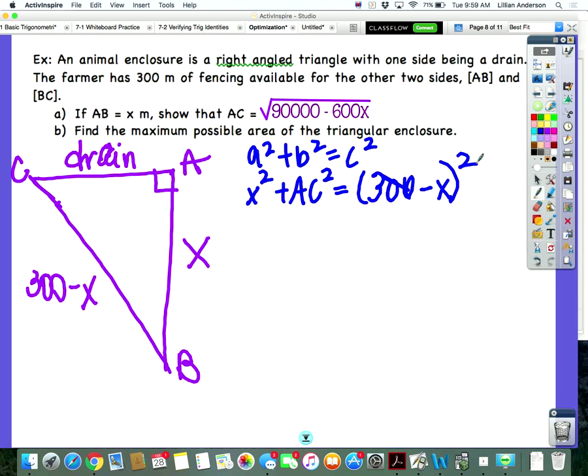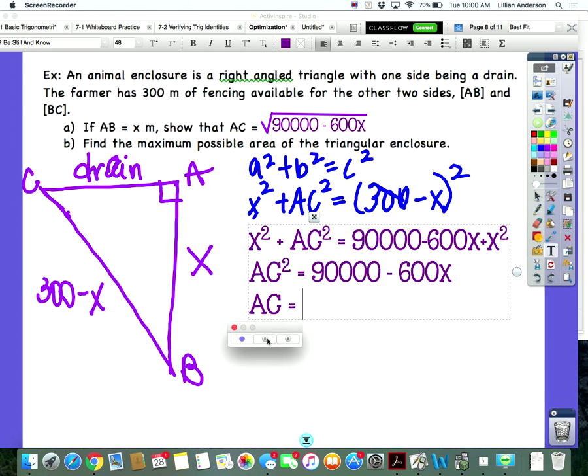What's going to need to happen to that right side? You got to FOIL it. Go ahead and FOIL it, and show that AC equals the square root of 90,000 minus 600x. Go ahead and do that. Did you guys get this so far? Yes, you FOILed to get 90,000 minus 600x plus x squared.